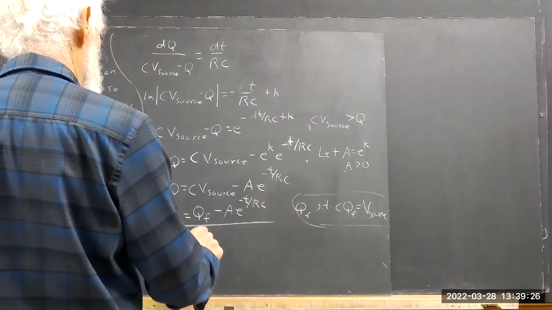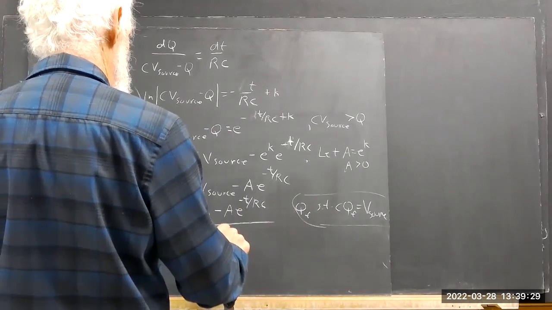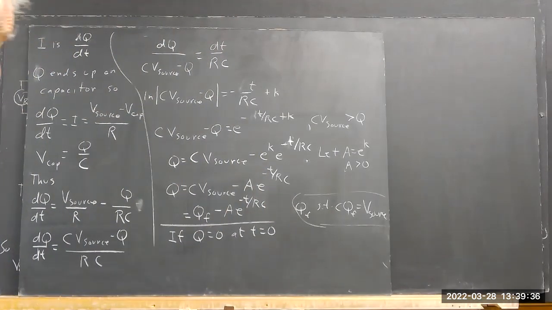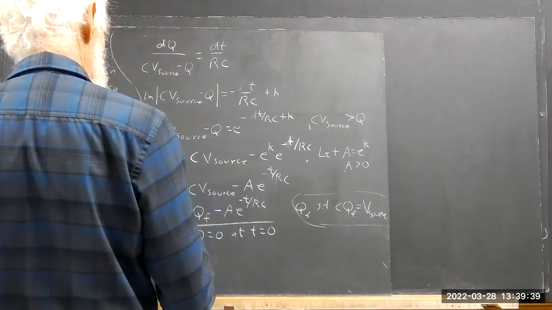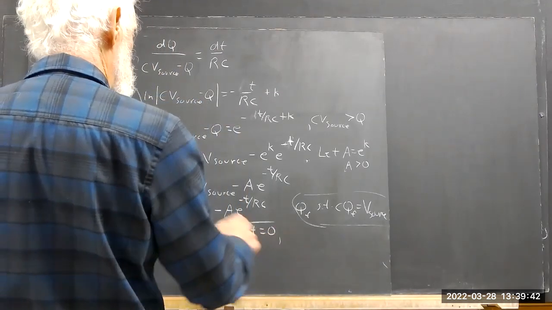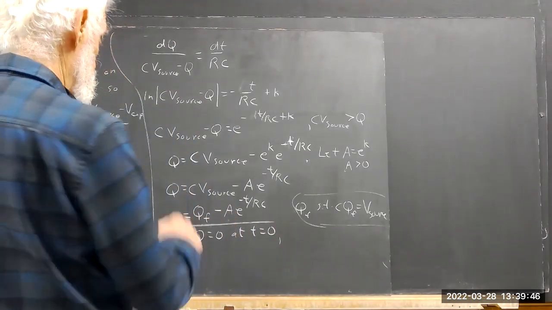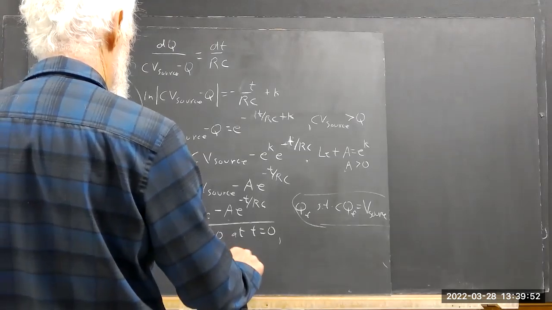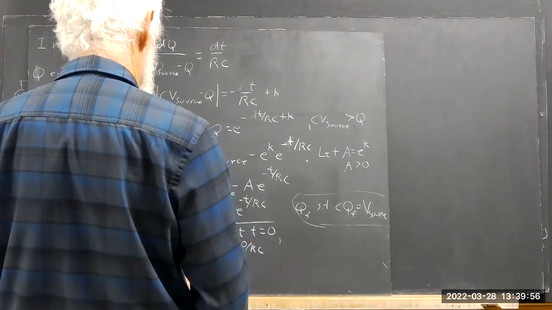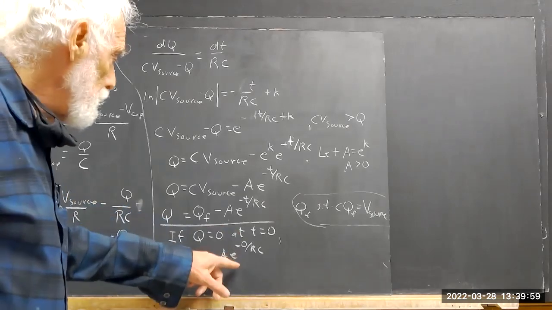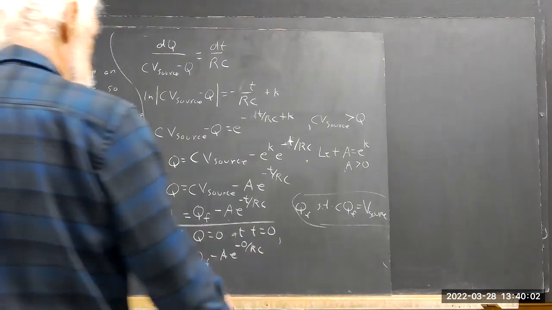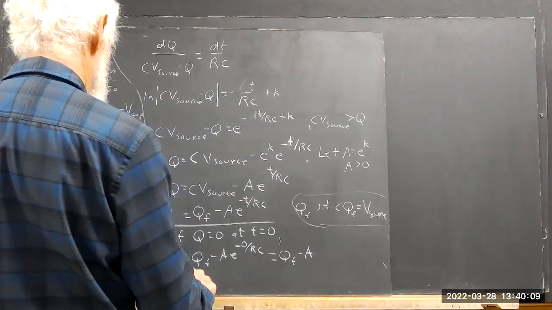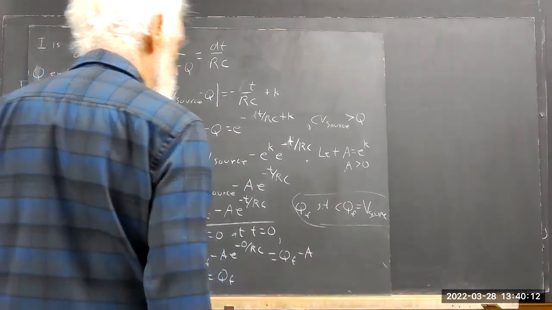If Q equals 0 and t equals 0, then we can evaluate the constant A. Q is 0. Well, e to the 0 is 1. So A is QF.